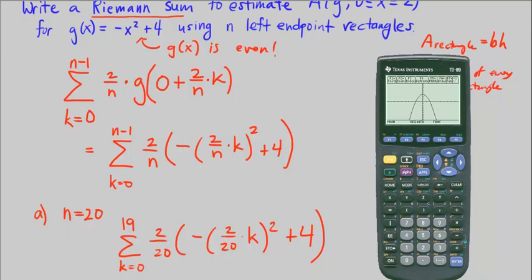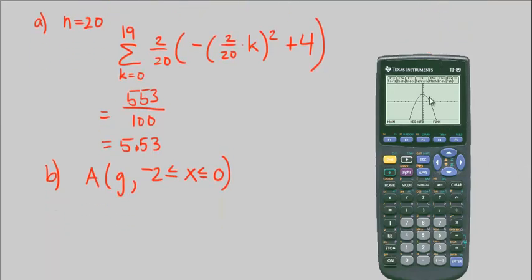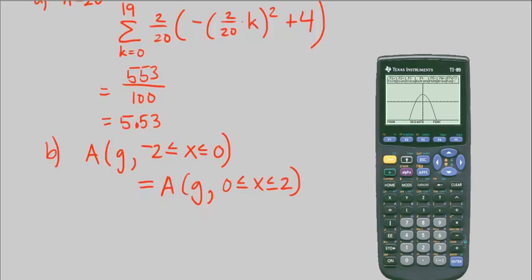All right, so what that allows me to do then is to say, if it's even, then if I look from -2 to 0, that's the same as when I look from 0 to +2. So I can use the fact that it's even to say this is equal to the area between G and the x-axis between 0 and +2, right? Because it's even, I can look at the other side and it's going to give me the same thing.